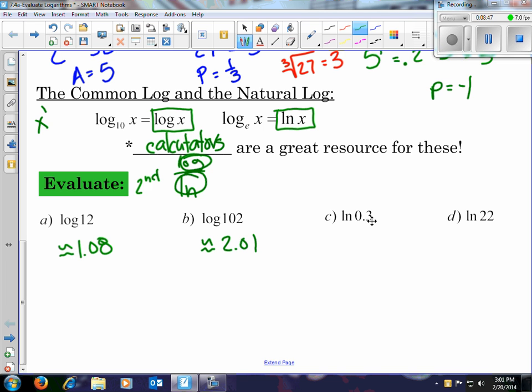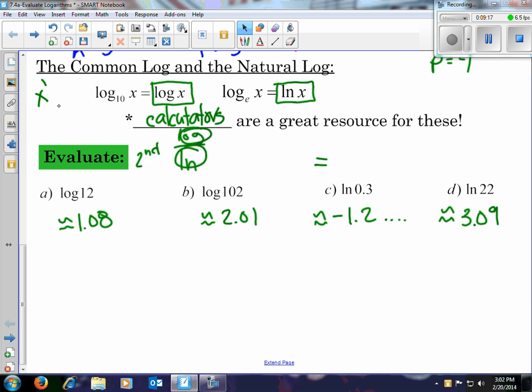The natural log of 0.03 is approximately -1.2. Now, this is an approximate sign because the equal sign means it's only this, but since there are more decimals here, I'm going to write an approximate sign because I rounded somewhere. Now, in the last one, you can do it yourself again before I tell you the answer. And it is approximately 3.09.